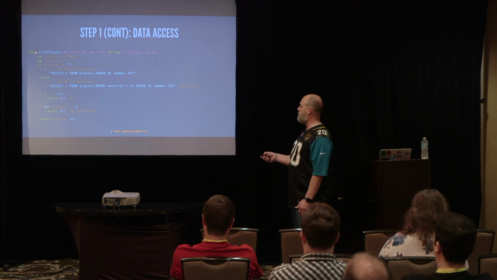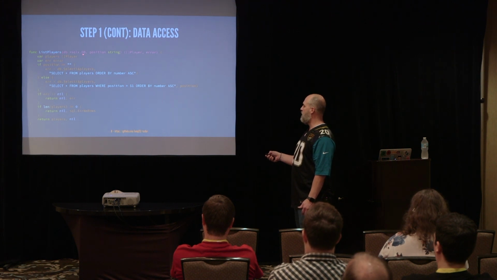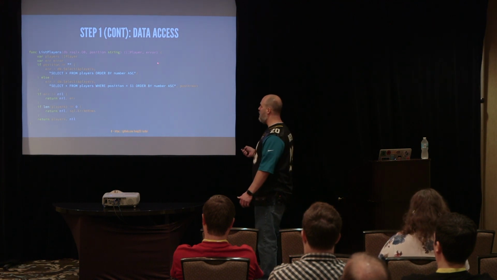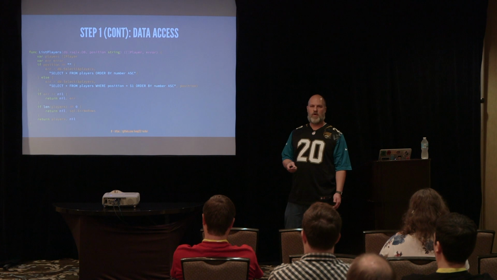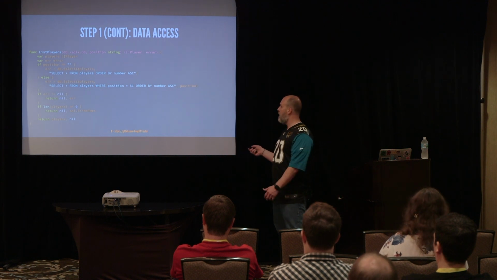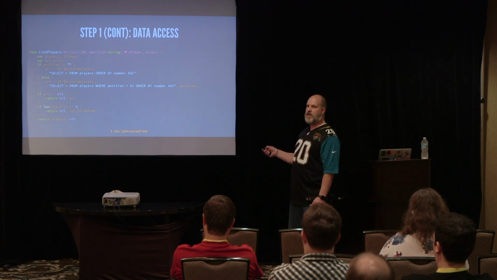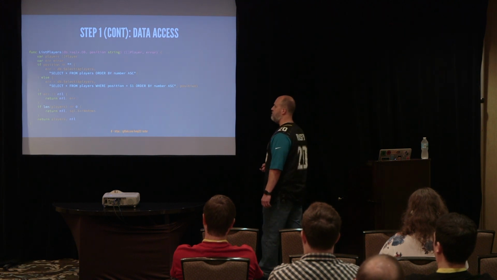So the way we read this is a function called list players that's public, takes a database connection, a position that's a string, and then the return type, which is an array of players or a slice of players, and an error. This is very idiomatic Go code. You can return multiple values. You can return tuples from Go functions. And it's idiomatic to return the data you're interested in and an error. And that's how errors are typically handled in Go.